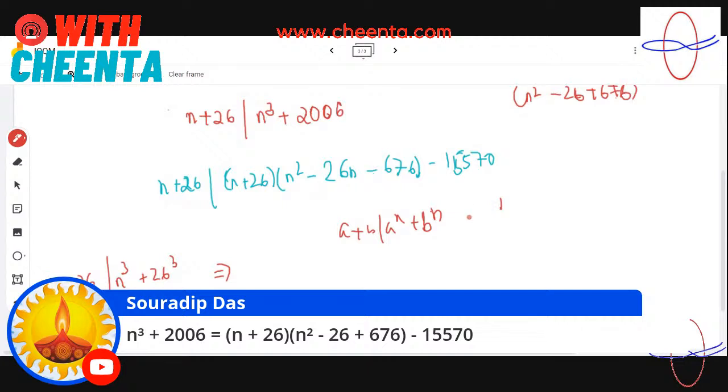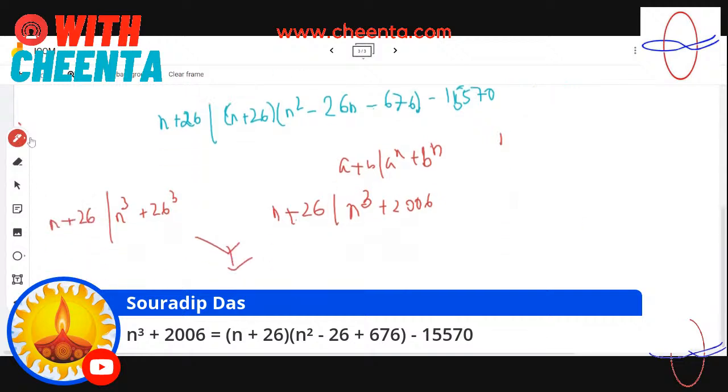If you just factorize it, it happens. So therefore also in integers, n plus 26 also divides this n cube plus 2006. So if you subtract these two, see, if a divides x and a divides y, then a also divides x minus y, right?